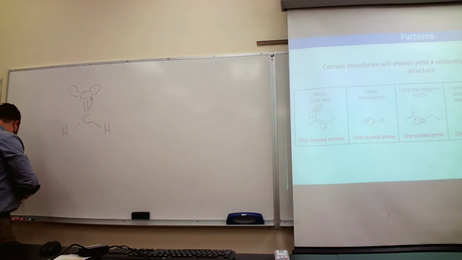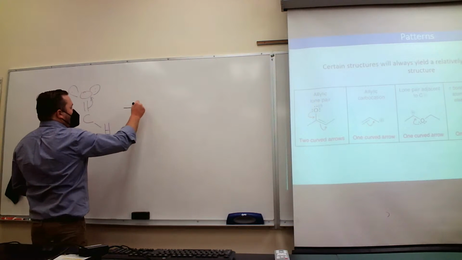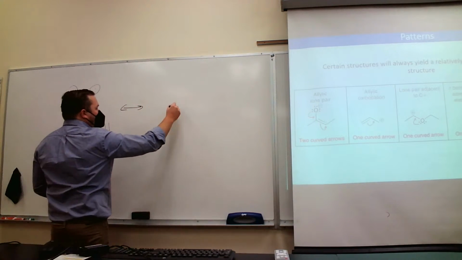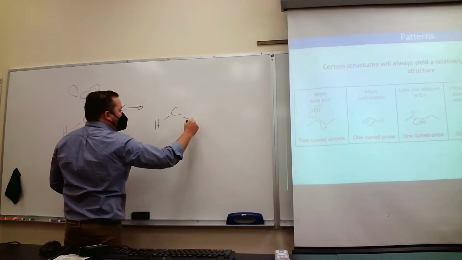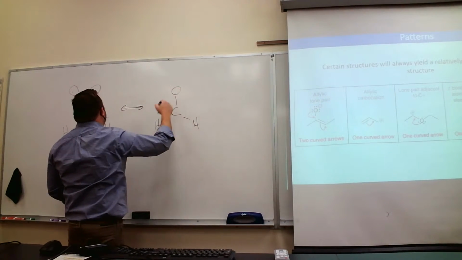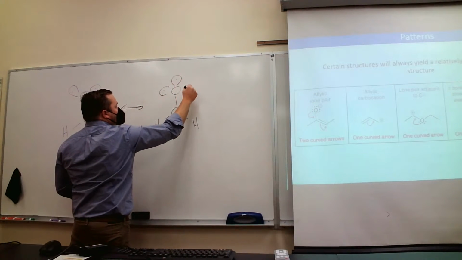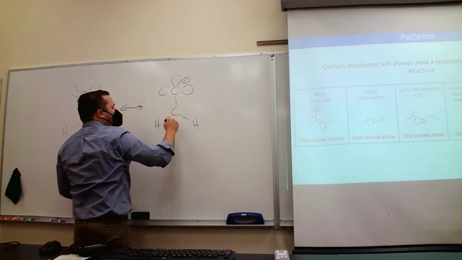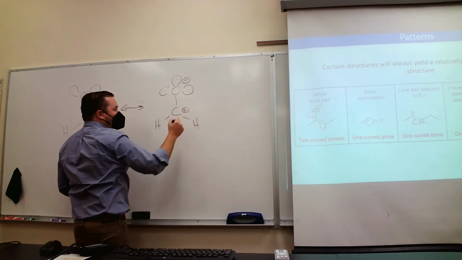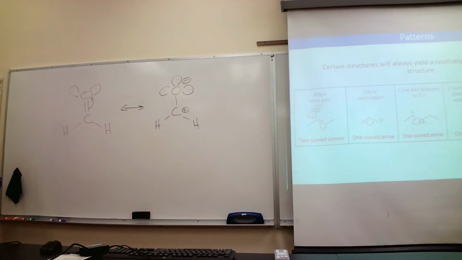And then your product is just going to look like, remember, all your atoms stay where they are. The oxygen now has 3 lone pairs, gives it a negative charge, and carbon's just SOL. It just lost its electrons, can't really do much about it, because oxygen's a bully.